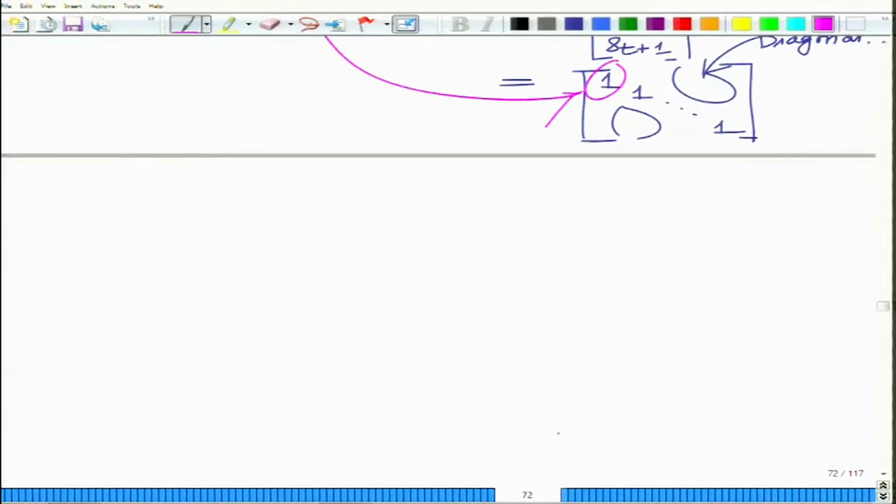Now, as we have shown, these two are equivalent.